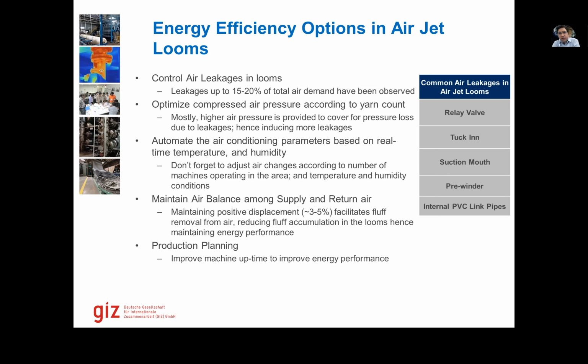This is something that we need to optimize. I always look into the design data of the machine and see what is the maximum pressure required. And usually factories are providing 7 bar or 6 bar pressure, and these machines usually run at 4.5 bar pressure. They have internal pressure reducing valves that are set to 4.5 bar, and that is how they run.